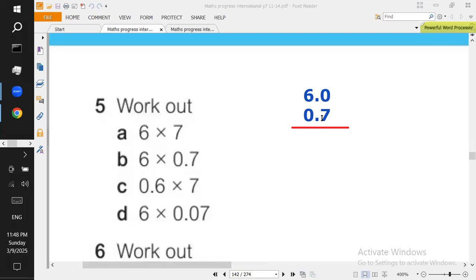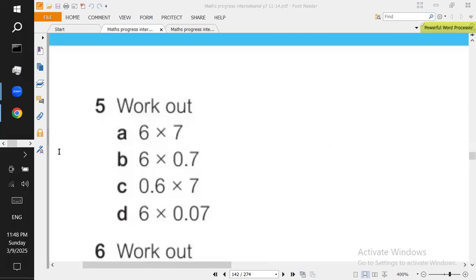So 7 times 0 is going to be 0 here, and then the decimal point. Focus on the steps of writing numbers on top of each other, okay? So we're going to multiply 6 times 0.7. Let me do it the other way.